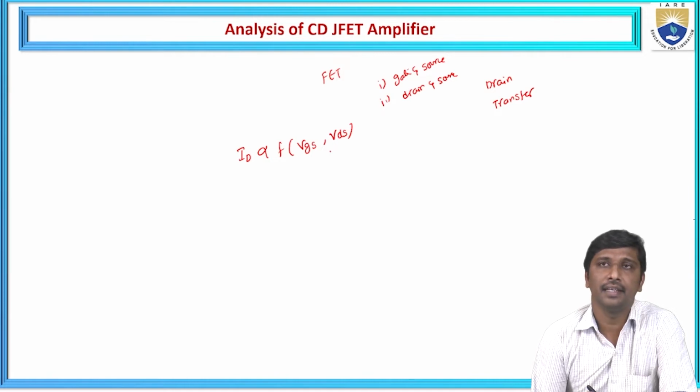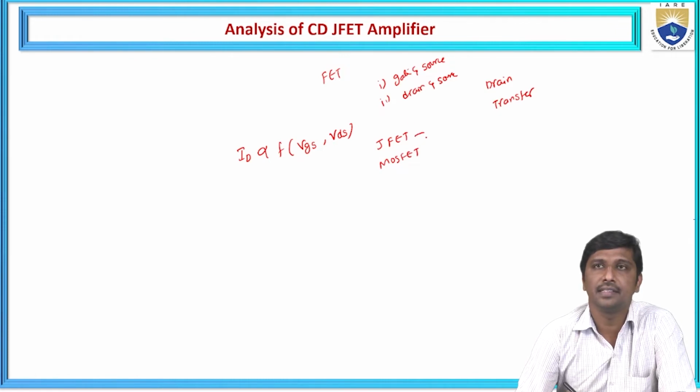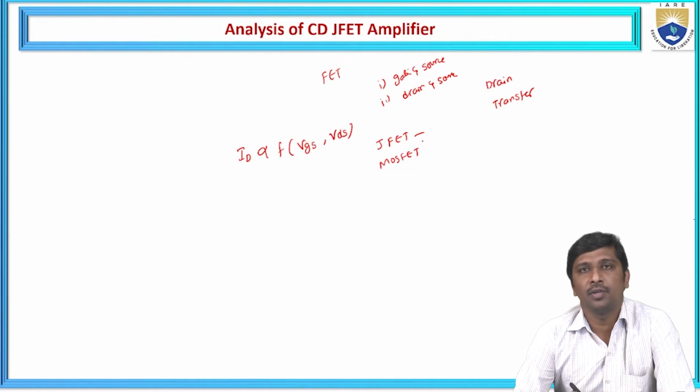Generally, we know that there are two types of FETs. One is JFET, another one is MOSFET, where JFET is the junction field effect transistor and MOSFET is the metal oxide semiconductor field effect transistor. The major application of this transistor is as an amplifier.